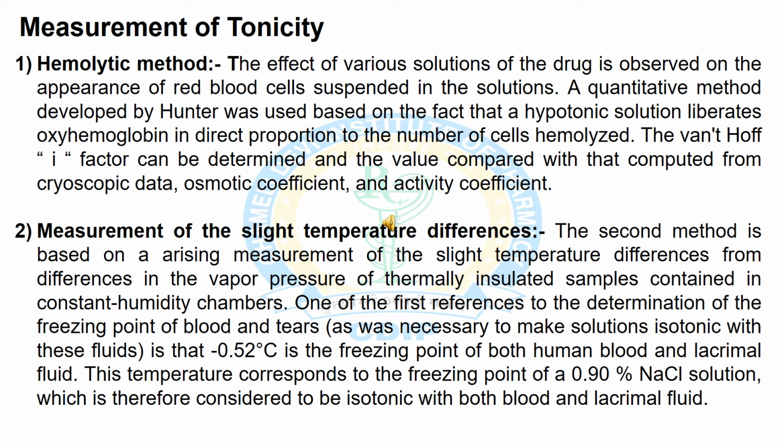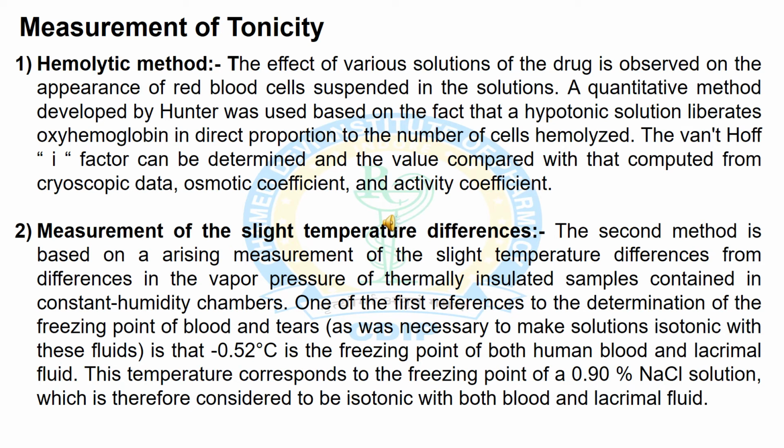A quantitative method was developed by Hunter for the determination of tonicity, which is based on the fact that hypotonic solution causes liberation of oxyhemoglobin in direct proportion to the number of cells hemolyzed. This gives the van't Hoff factor and the value is compared with that computed from the cryoscopic data or osmotic coefficient and the activity coefficient.